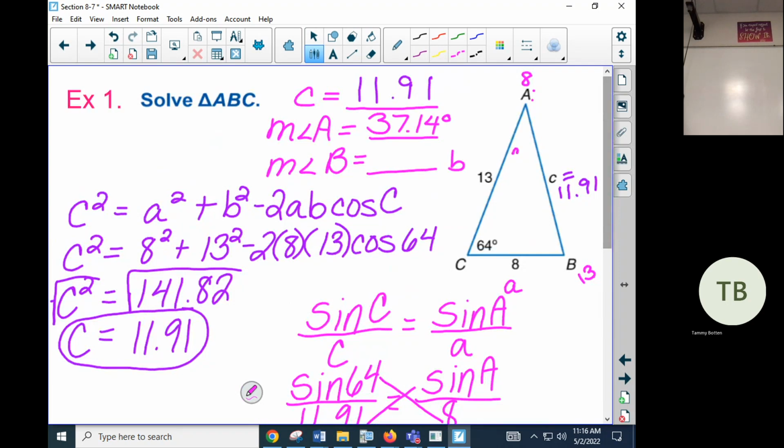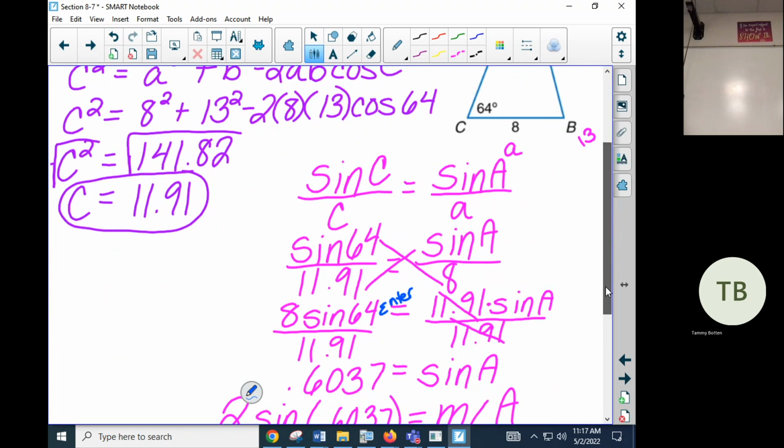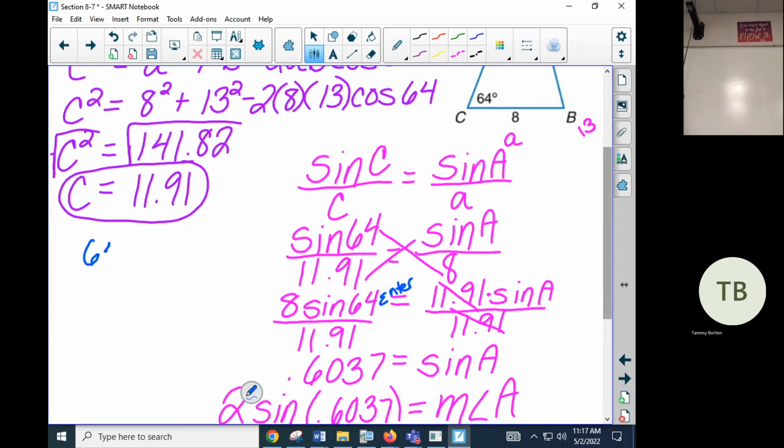And now I know what this is. Now, if you know 2 angles of a triangle, could I find the third? How would I do that? Yes, I would add these 2 together and subtract from 180. So 64 plus 37.14 is 101.14.